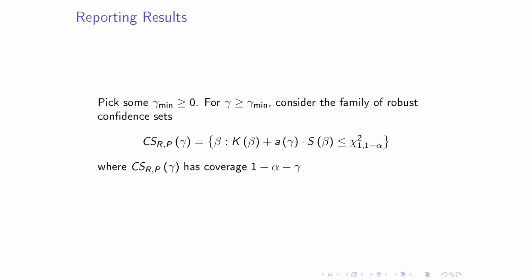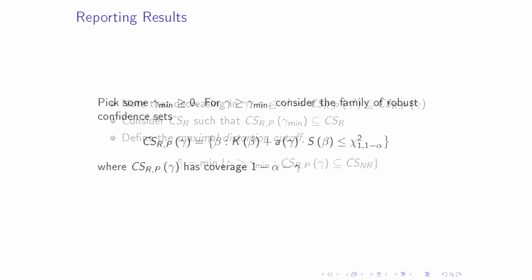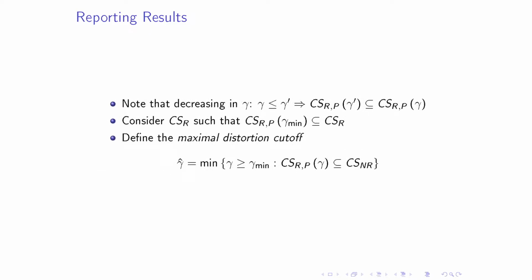So CSRP indexed by gamma has coverage at least 1 minus alpha minus gamma. Something to note here is that these confidence sets are decreasing in gamma. That is, if I think about gamma prime greater than or equal to gamma, the corresponding preliminary confidence set for gamma prime will be contained in the one for gamma. And I'll consider a robust confidence set that contains the preliminary confidence set for gamma min, and thus this entire family.